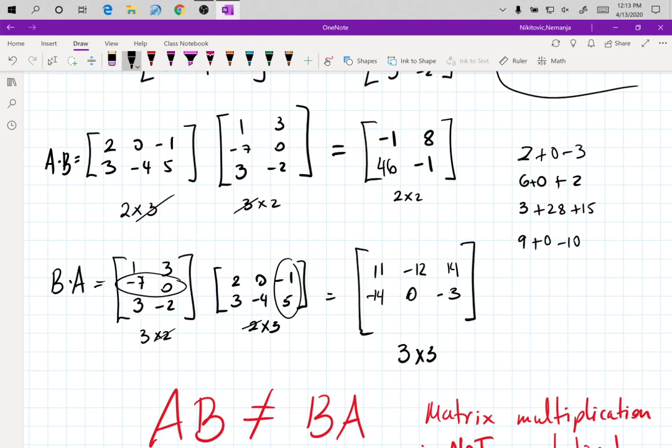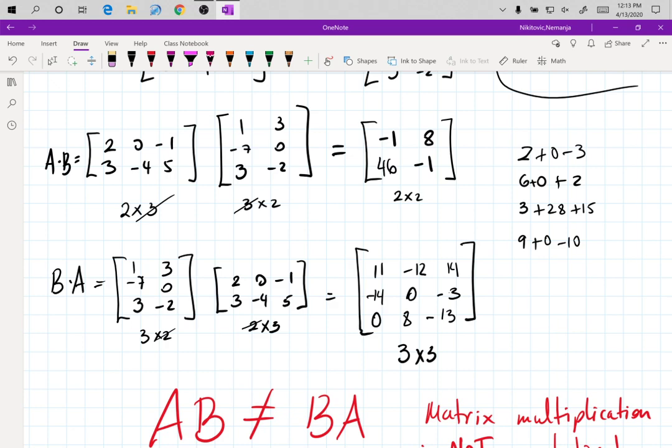Now, move the column in a row. Six minus 6 is 0. Move the column. 0 plus 8 is 8. Move the column. Negative 3, negative 10, and negative 13. Done.